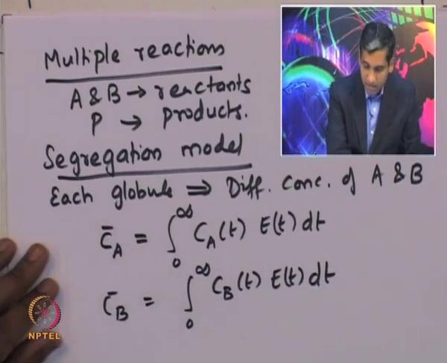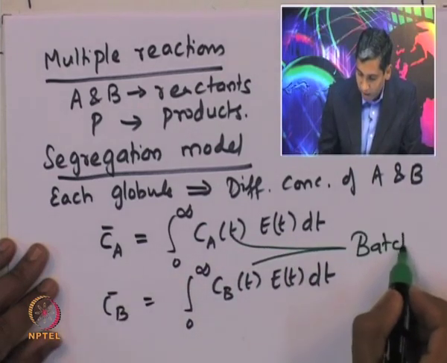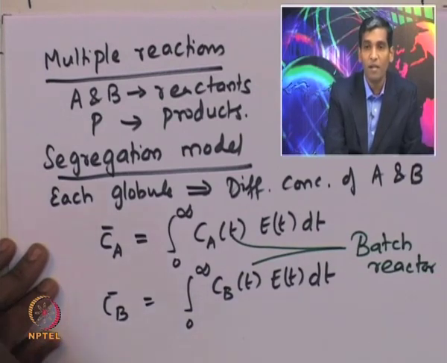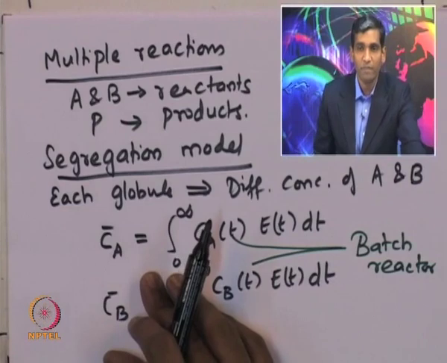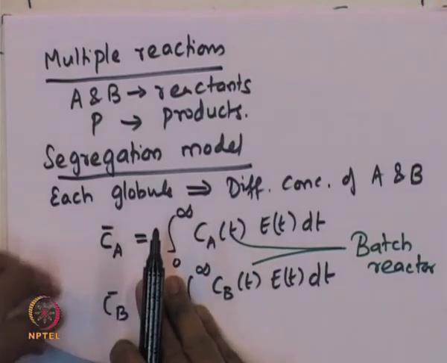Ca(t) and Cb(t) are the concentrations that can be achieved in a batch reactor, because these are the concentrations of the species in each globule, and we assume that each globule behaves like a batch reactor. Now we write the batch reactor performance equation for each of these species.